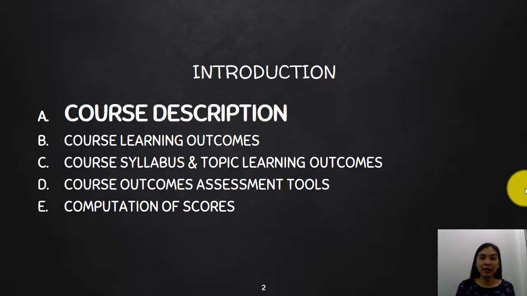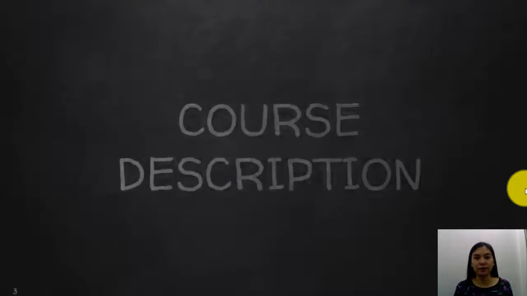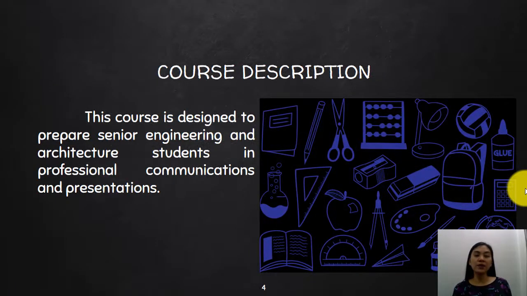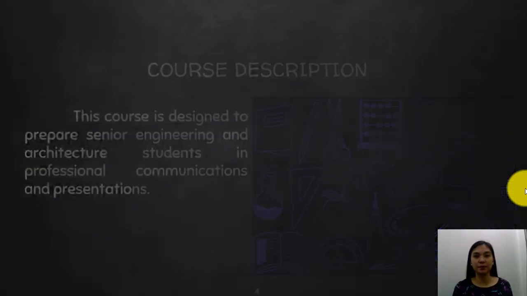So we have 5 topics that we'll be covering for this introduction. The very first one is your course description. So this course is designed to prepare senior engineering and architecture students in professional communications and presentations.